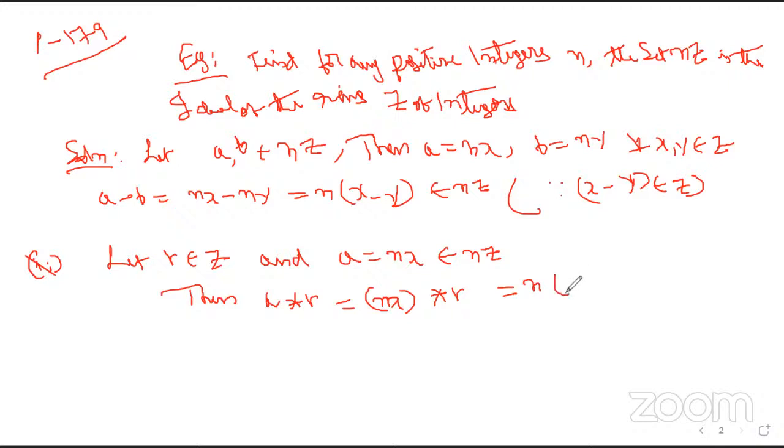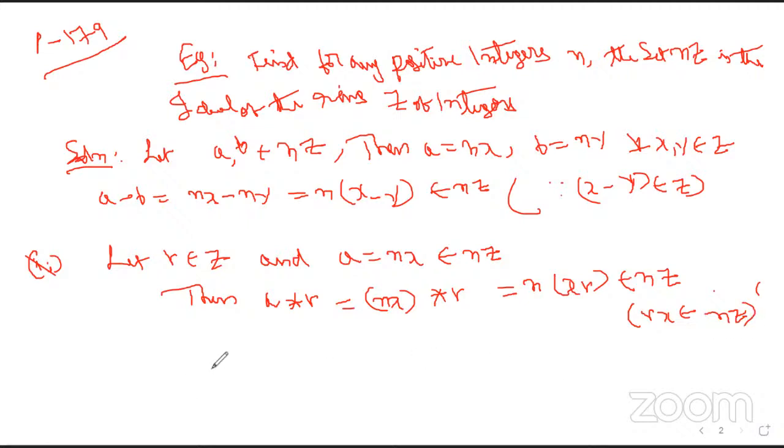This can be written as xr, which belongs to NZ, because xr or rx belongs to NZ.